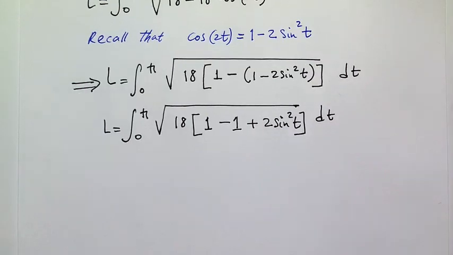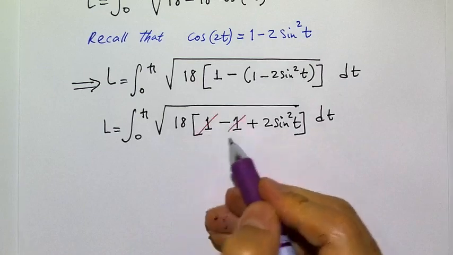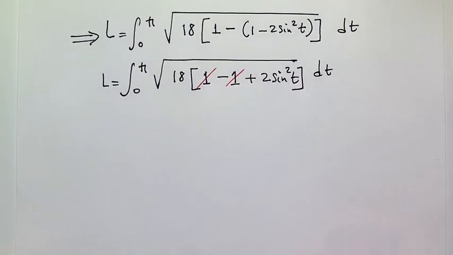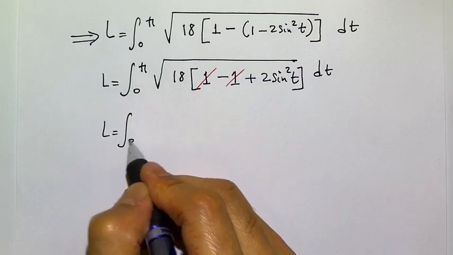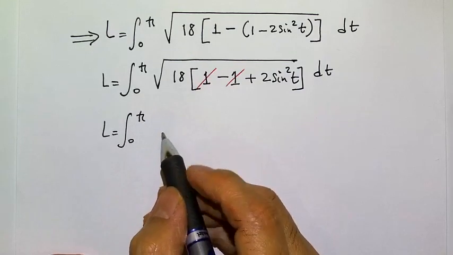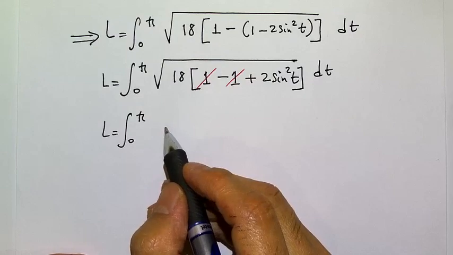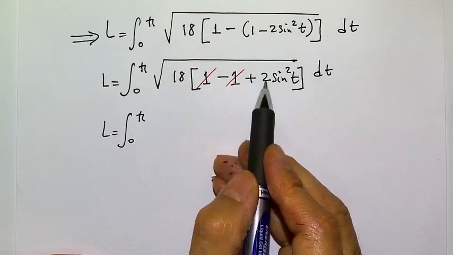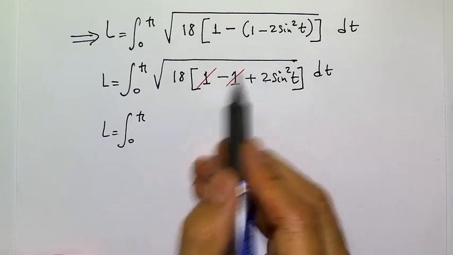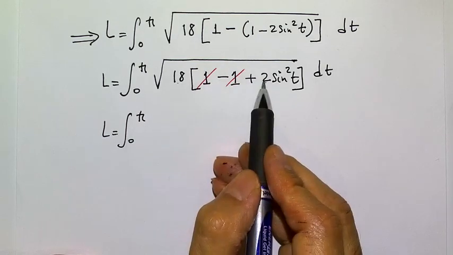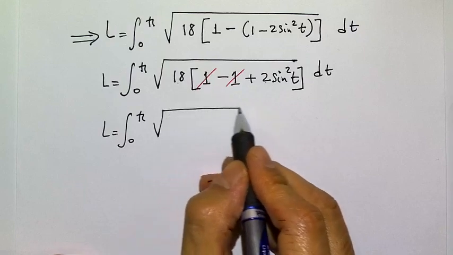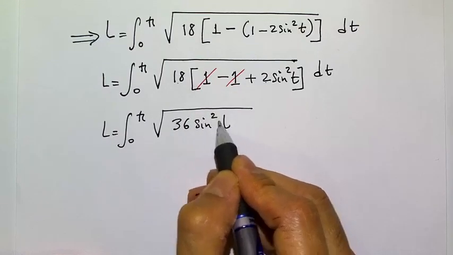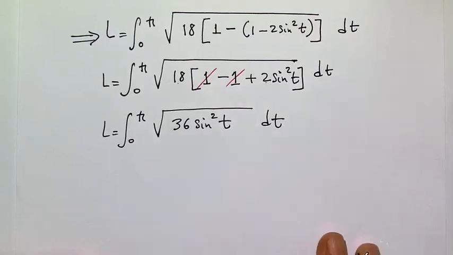Okay, so we have these two canceling, and then we have the integral from 0 to pi, 18 out here times 2, right? Because these two add up to 0, then 18 times 2, we get 36 sine squared t dt.